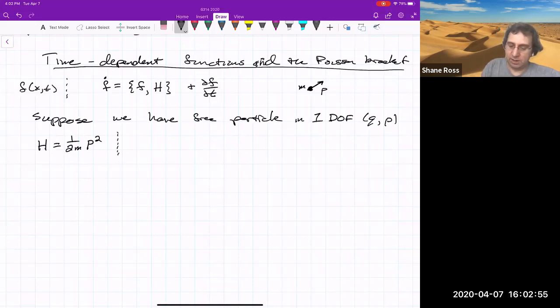And then we will define a time-dependent function, well, explicitly time-dependent. So it's a function of Q and P and time.